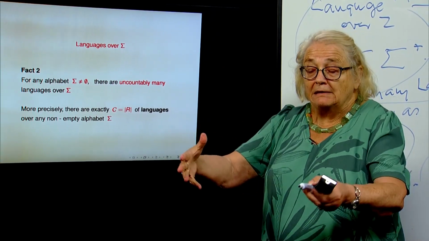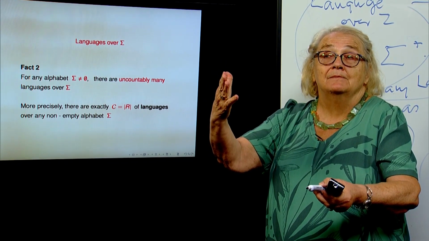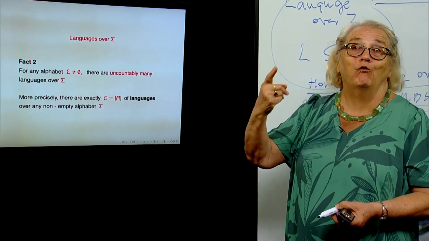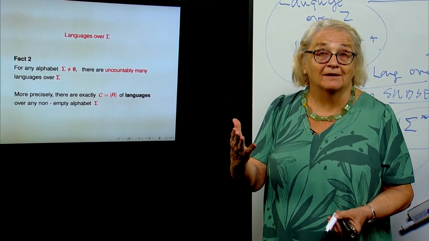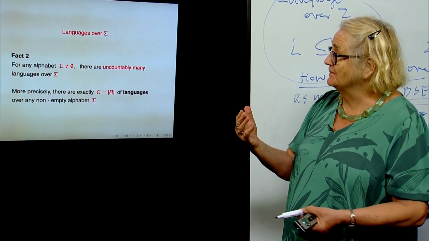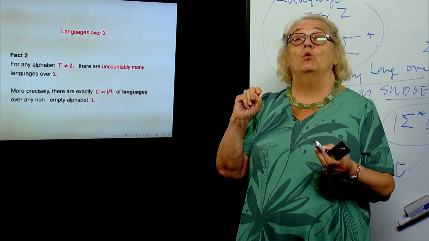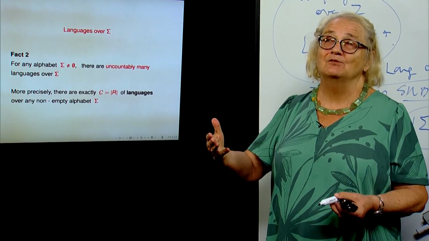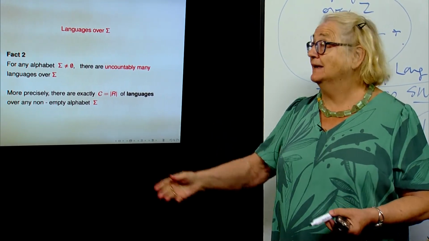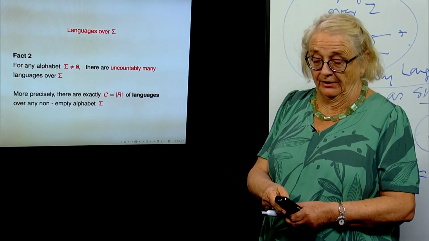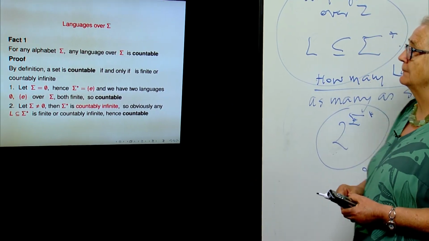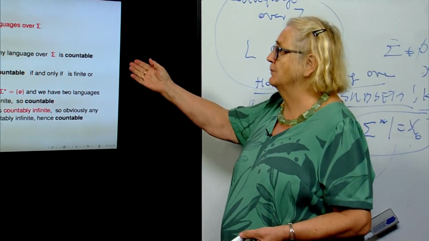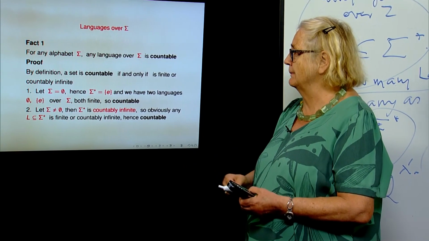So you can see, take a little alphabet, a one element alphabet. You have countably infinitely many words over a one element alphabet, and you have uncountably many languages over a one element alphabet. It means exactly as many as real numbers of languages over a one element alphabet. And of course, an alphabet is countable because it's finite or countably infinite.